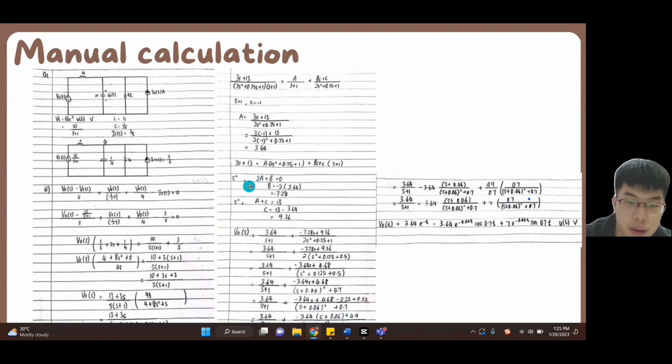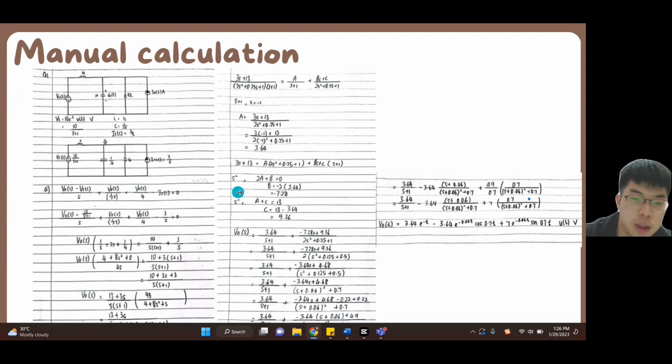And for the part here, we take S equals to S power of 2, meaning that all the values with S power of 2, we take outside. Then after that, we get 2A plus B. Then we put inside the A value and get this answer.